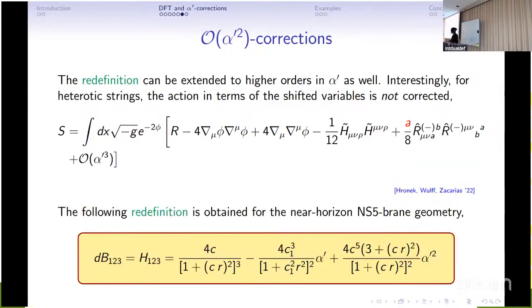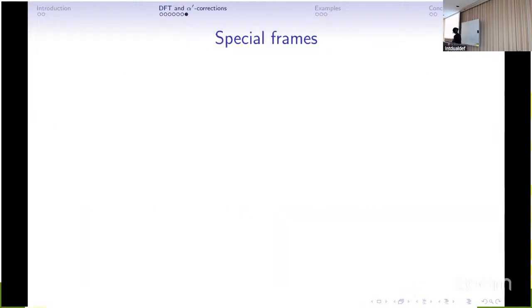And once again, by following the same solution that I was talking about, the most general interesting solution that we want, the near horizon NS5 case, you can follow this redefinition, and now the H will look something like this. You could just go on and write the usual supergravity action with this H, and it will take care of both the orders of alpha prime correction. Now, as I was saying, things will get a little bit better for the alpha prime case. So let's wait for that.